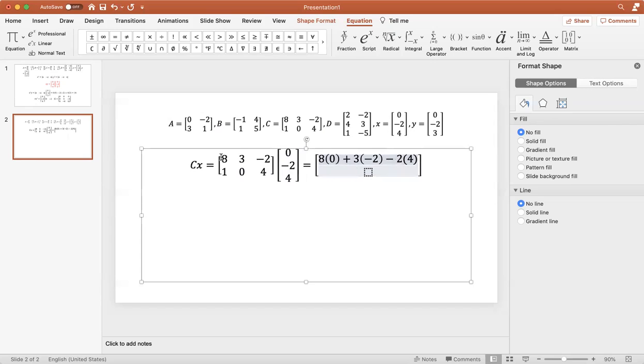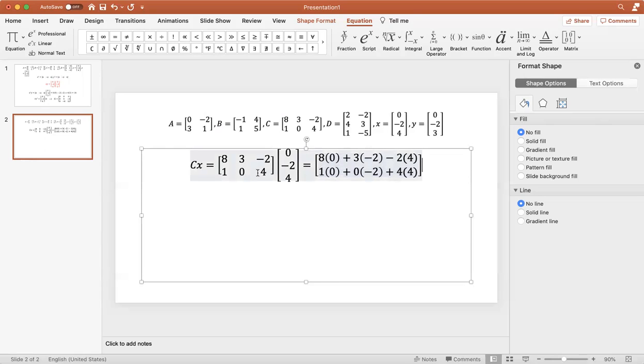So each element of the row vector is multiplied by the corresponding element in your column vector. Same goes for the second row. So that's going to be 1 times 0 plus 0 times negative 2 plus 4 times 4.